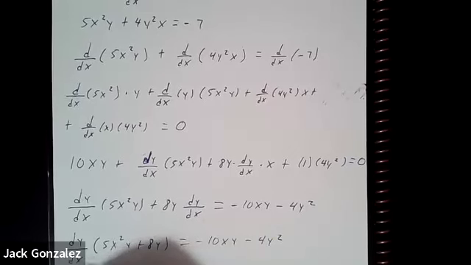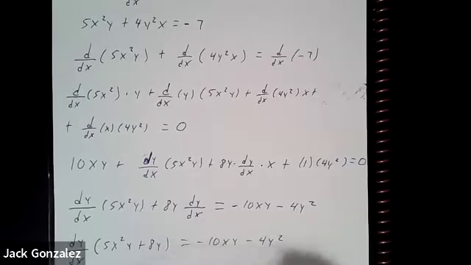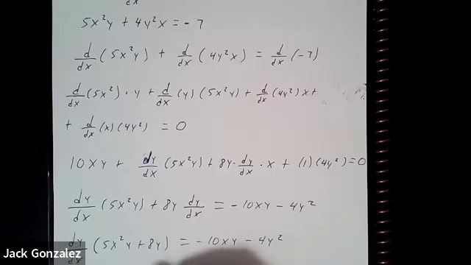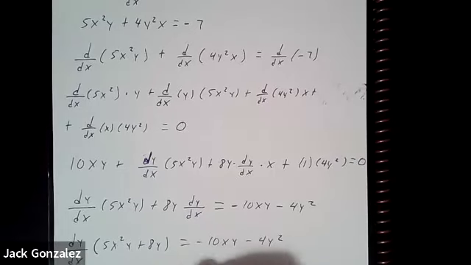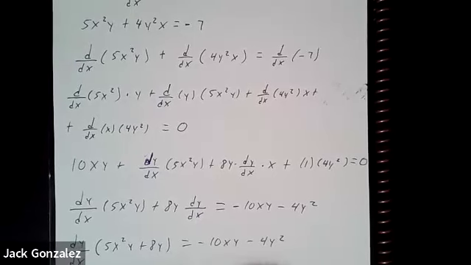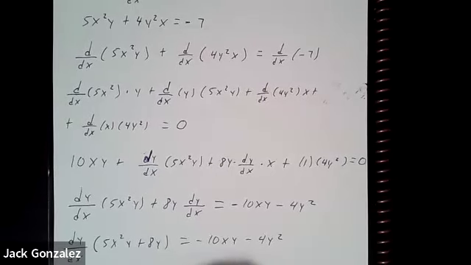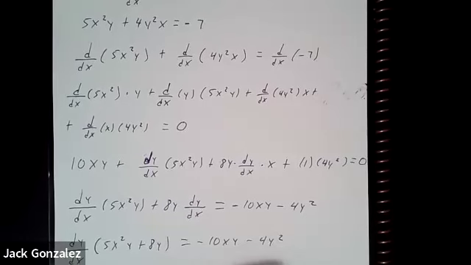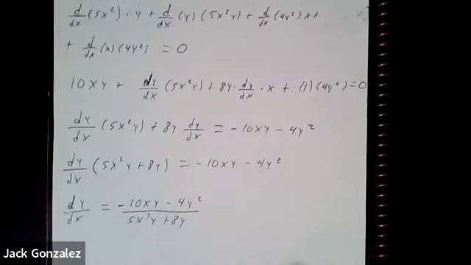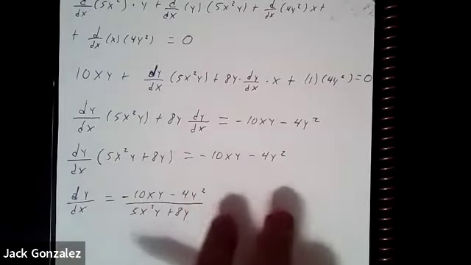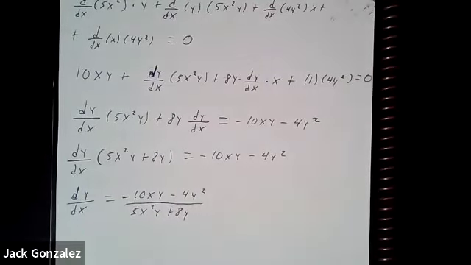So dy dx is equal to negative 10xy minus 4y squared over 5x squared y plus 8y. So I just divided this over there. I skipped some algebra steps so we're not writing too much, but if you have any questions on it, let me know.